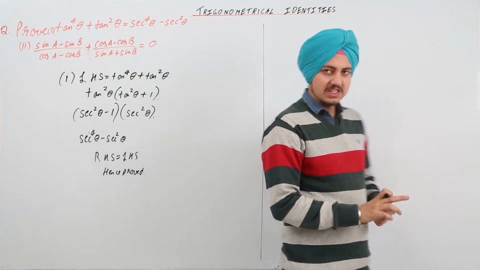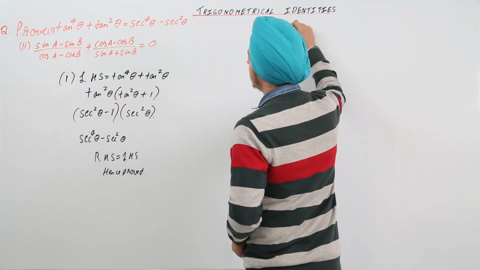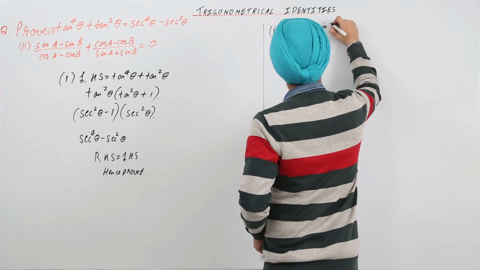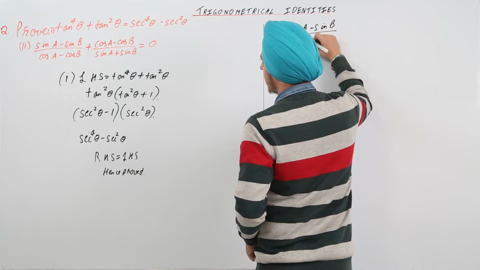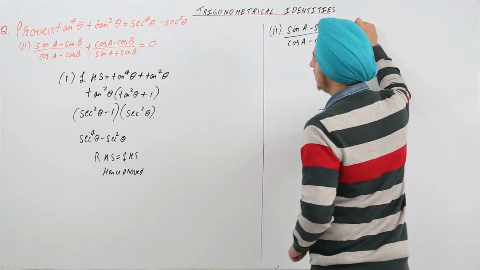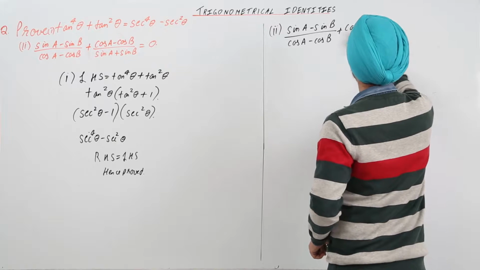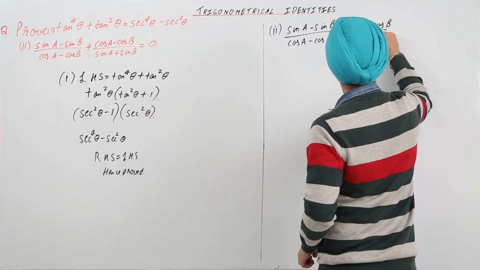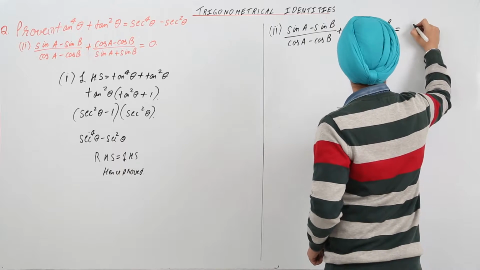Right? Now the second part of this question says, I'll just write down the LHS. It is equal to sine A minus sine B upon cos A minus cos B plus cos A minus cos B upon sine A plus sine B equal to 0.